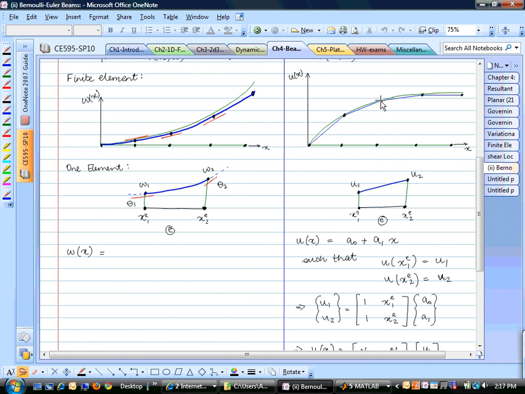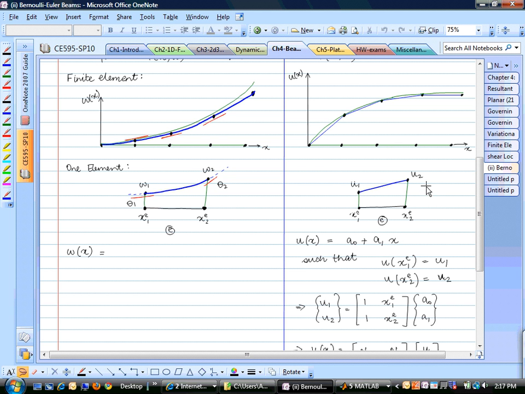But to make sure that the solution is continuous throughout the domain, we enforced the condition that the displacement computed from this expression at this node should be equal to the u1 degree of freedom, and the displacement computed at this node from this expression should be equal to u2.